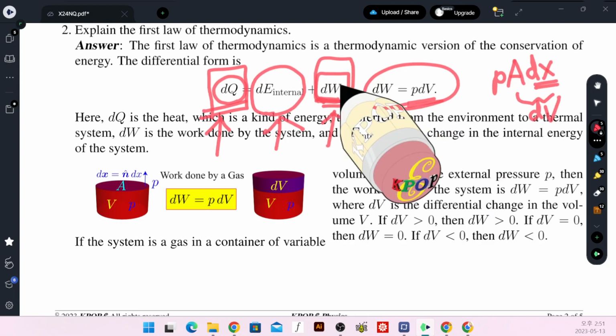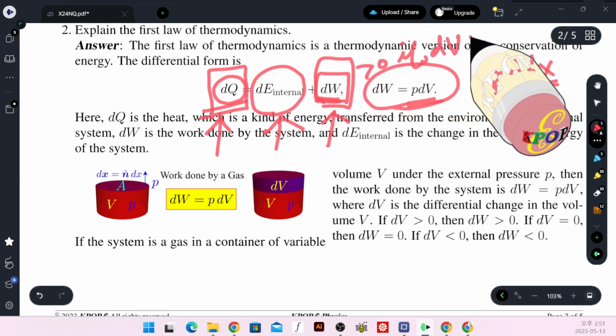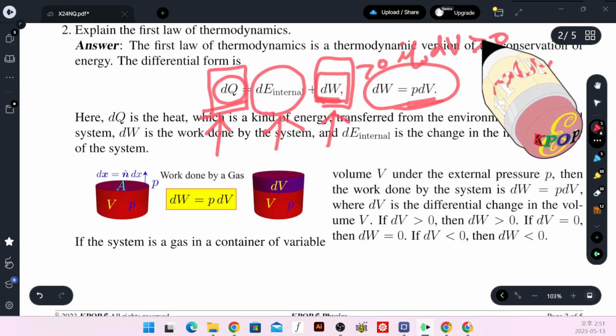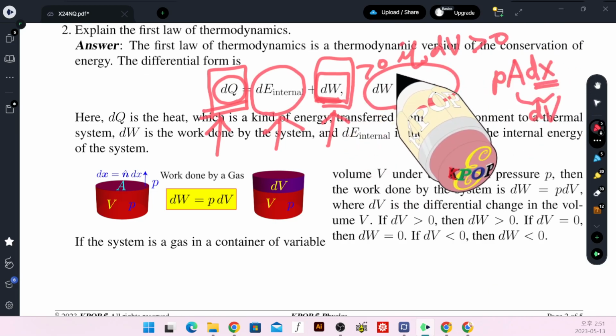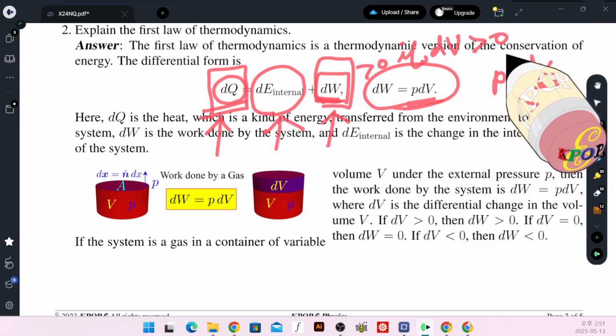Remember, this is positive if dV is positive. This is negative if dV is negative.